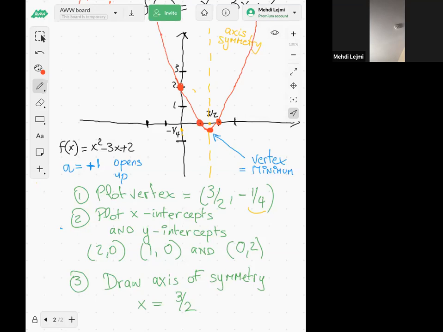Axis of symmetry means that if you have this point, then its reflection about the axis of symmetry would be this point, etc. But anyway, all you have to do, guys, is join your vertex to your x-intercepts and your y-intercept, and then you get your graph, right? Again, it's supposed to be a parabola. It's supposed to open up here because A is positive. So this is my f of x.